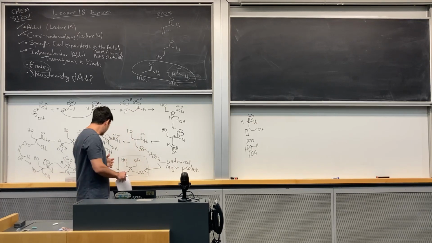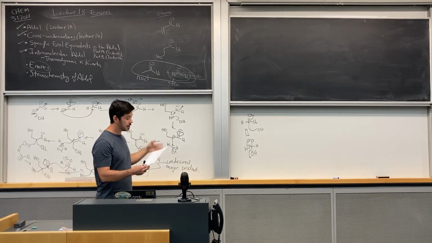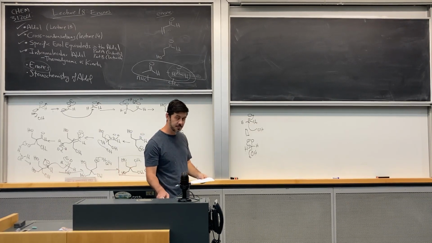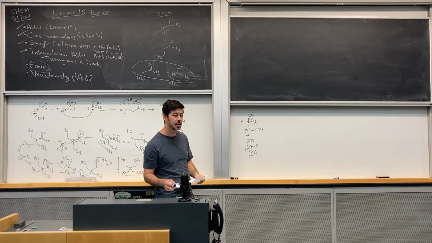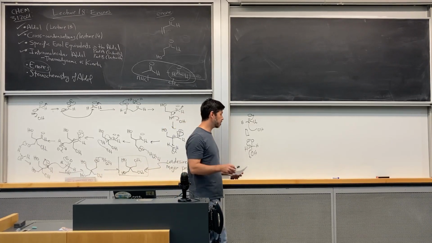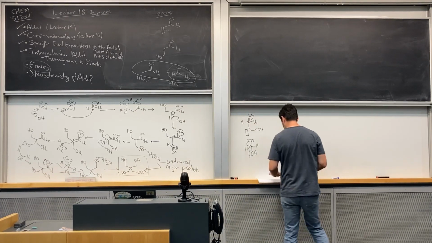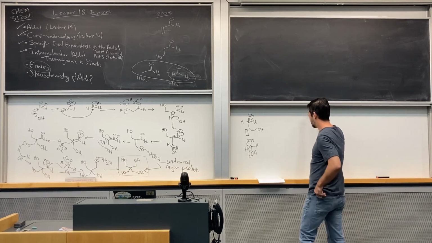So the question is, how are we going to get around this problem? Because we do need to make enones, but it seems like the formaldehyde is a little too electrophilic and it's also acting as a reducing agent. All right, so one way that we're going to do this is through a reaction called the Mannich reaction. The Mannich reaction.